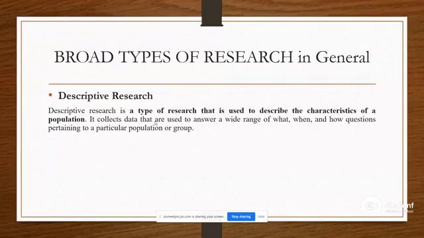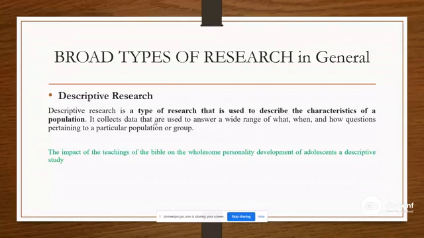Okay, so descriptive research, what? If you take one paper and that person has described or pointed out certain phenomena, characteristics, especially like in a case study, and you have just described what is happening, what it is all about, so you are just describing it. So it is a kind of descriptive research you are doing. Like the example I have written, which I got from Shodh Ganga: Impact of teaching of Bible on the wholesome personality development of adolescents, a descriptive study.